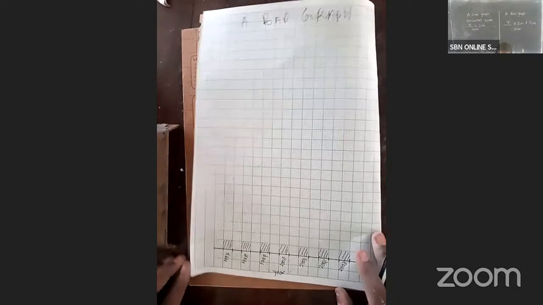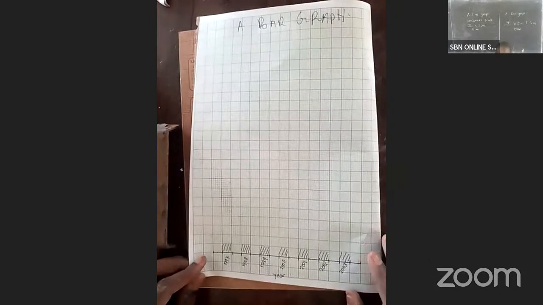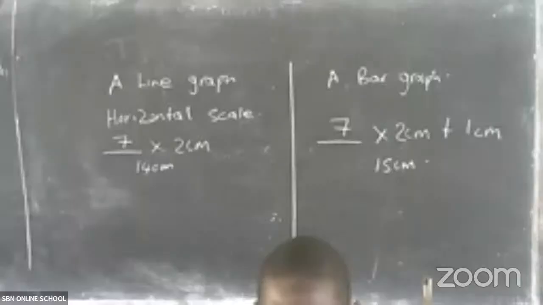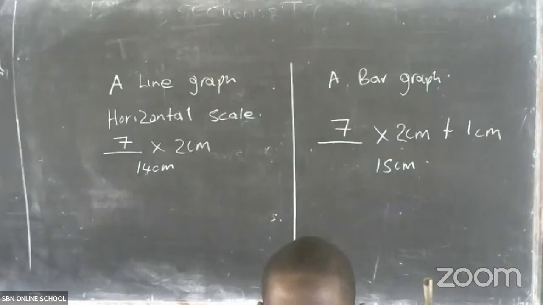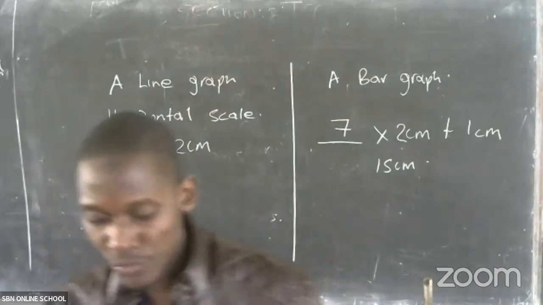Are you seeing, people? Reply to me. Yes, teacher. Now, let us go to the horizontal. Now, let us go to the vertical.